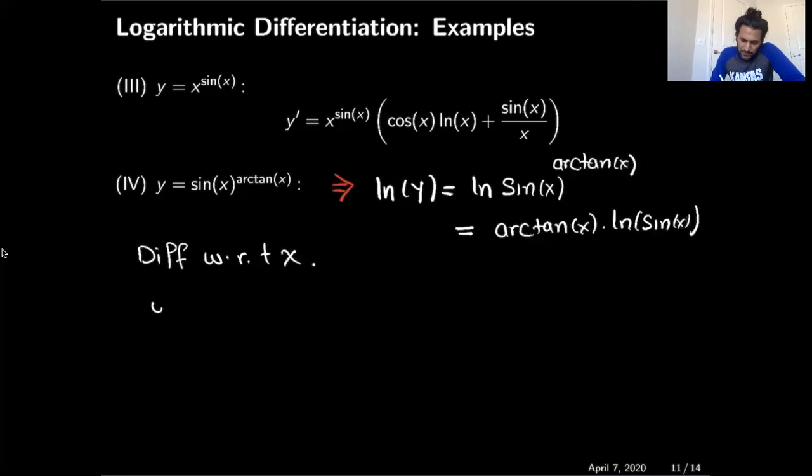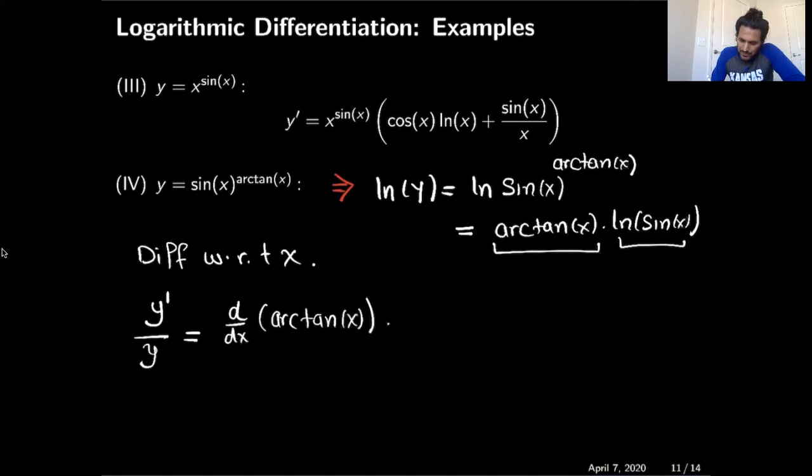We get this side is always the same, y prime over y, because this is the differentiation of the function natural log of y. And here I will use the product rule, because this is the product of two functions. So this will be d/dx of arc tan of x times natural log of sine x, plus arc tan x as it is.